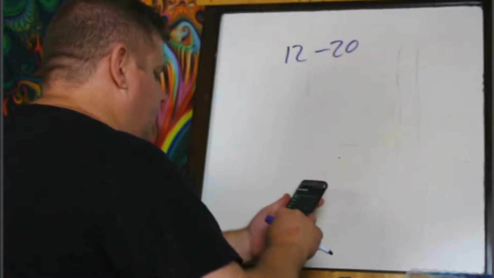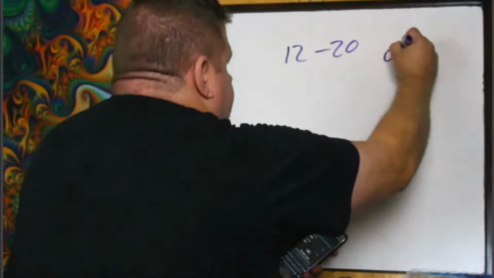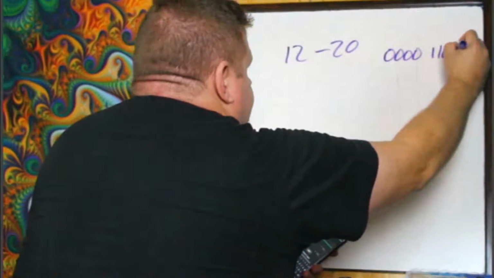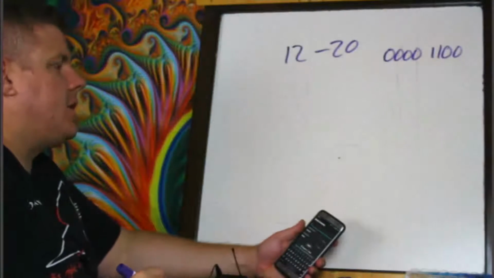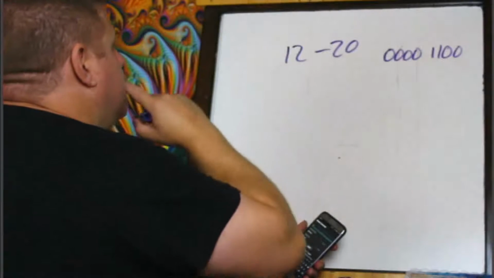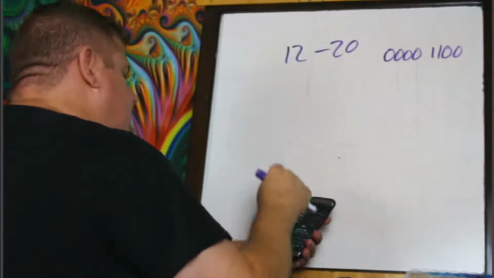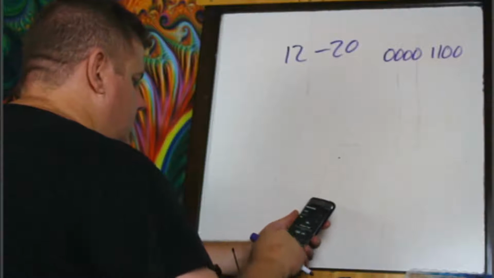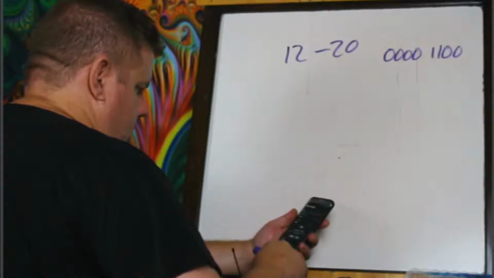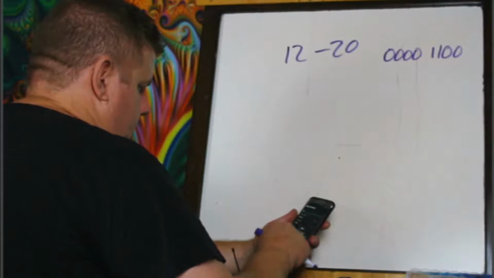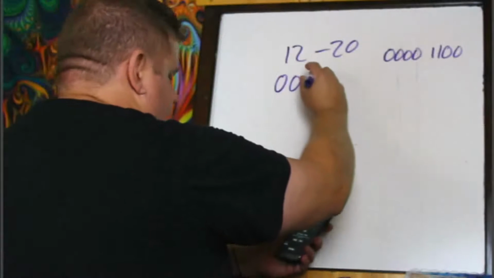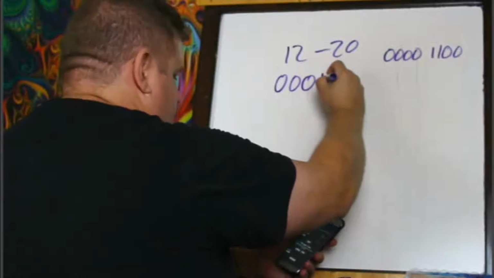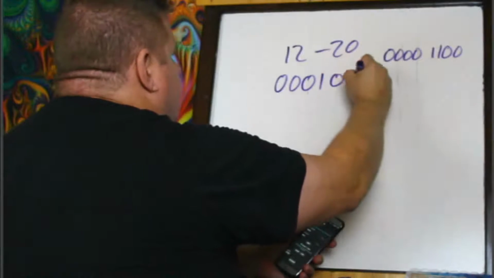So if I put in 12, we should get 0, 0, 0, 0, 1, 1, 0, 0. That's our binary 12, 8 plus 4. For 20, we have 0, 0, 0, 1, 0, 1, 0, 0.